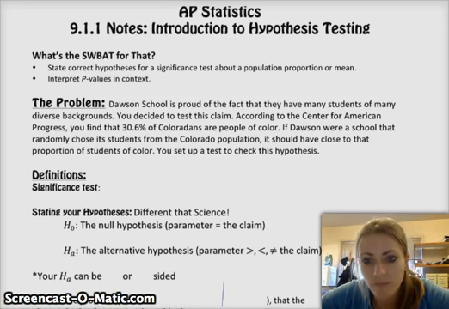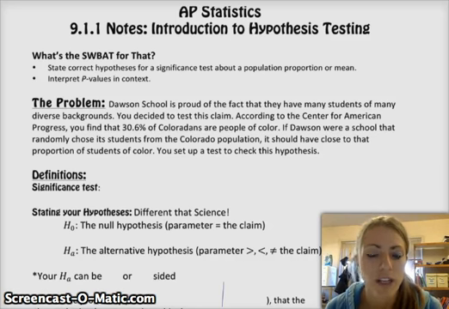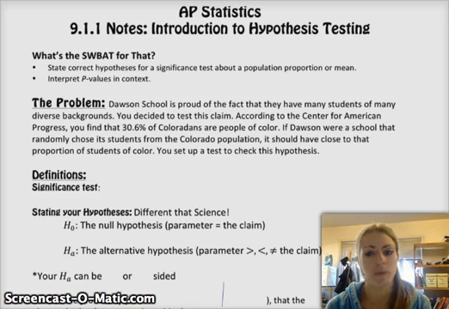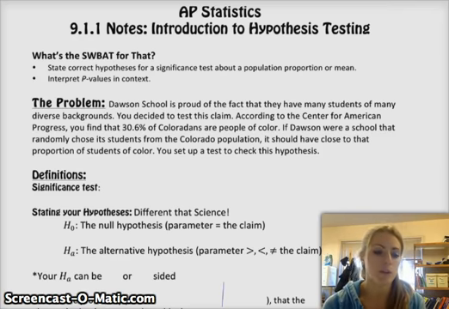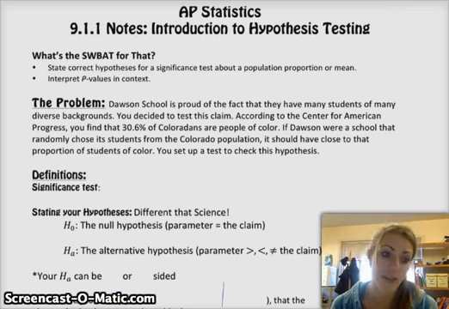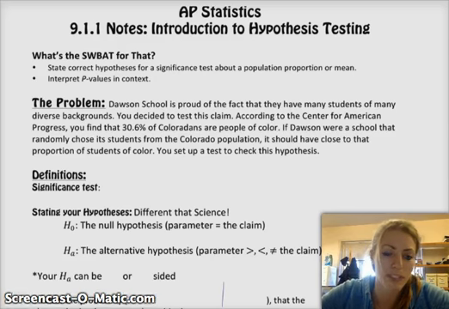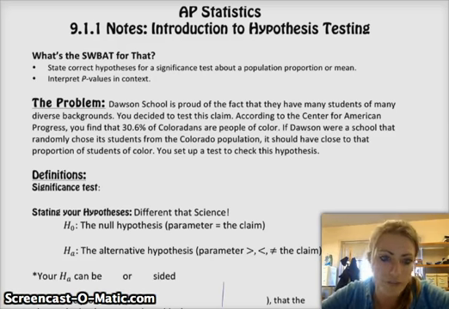So, according to the Center for American Progress, you find that 30.6% of Coloradans are people of color. If Dawson were a school that randomly chose its students from the Colorado population, which we know isn't the case, right, because people pay to go there, but if it were random and a good representation of the state, it should have a similar proportion of students of color.